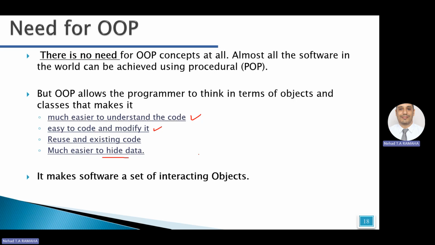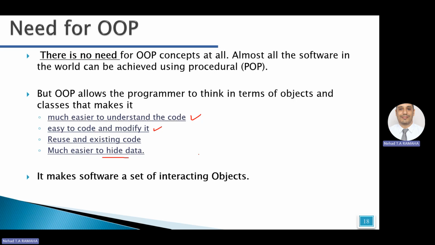So what's the importance of the data? You can reach the data in the way that we decide. We give you some methods to reach the data, but you cannot reach the original data.